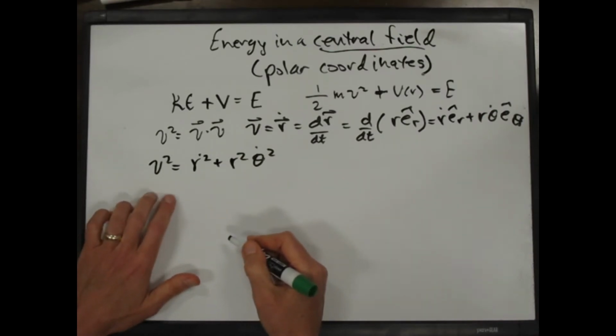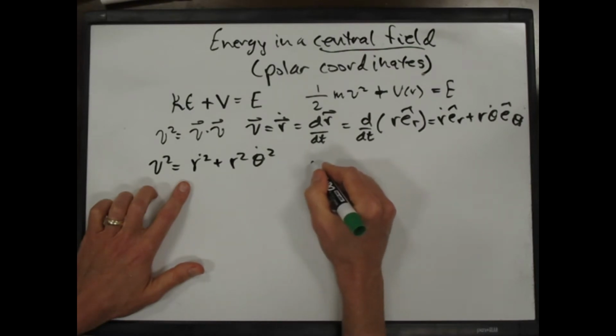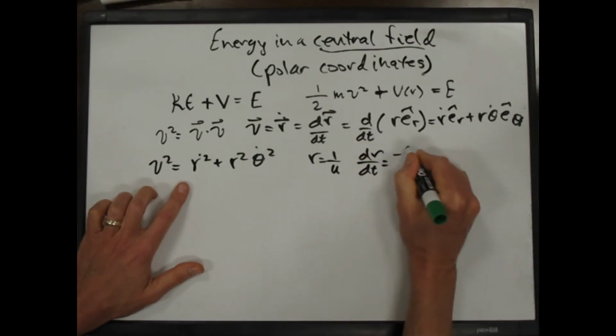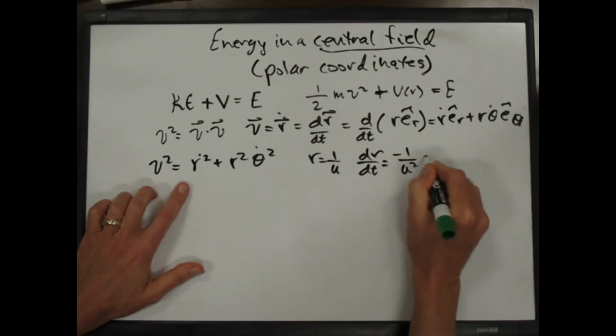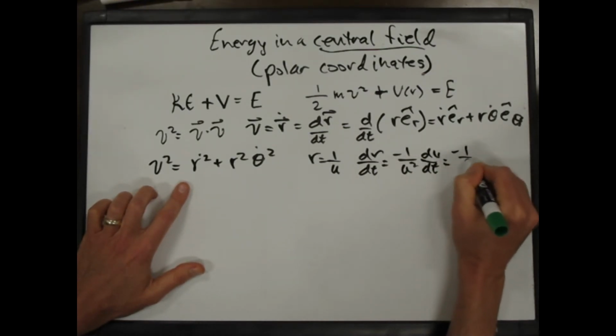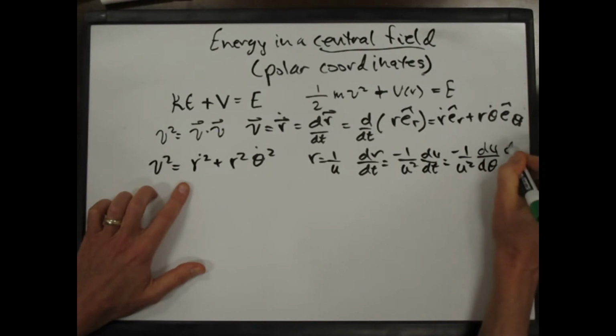And so we have to do a few things to work this out. First, as in the beginning of the chapter, we made this substitution. We said r is equal to 1 over u, and so dr dt is equal to minus 1 over u squared du dt, which is minus 1 over u squared du d theta dt.